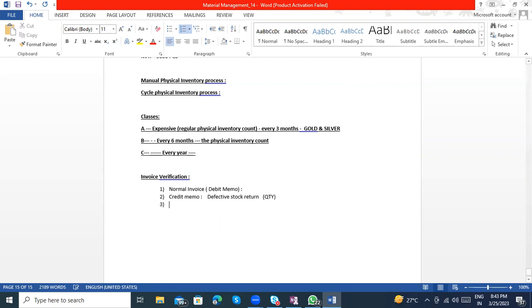Okay, and now subsequent debit and credit. What is the subsequent debit and credit? In this case, the value and quantity, everything looks good, but there is some price influence or fluctuation.